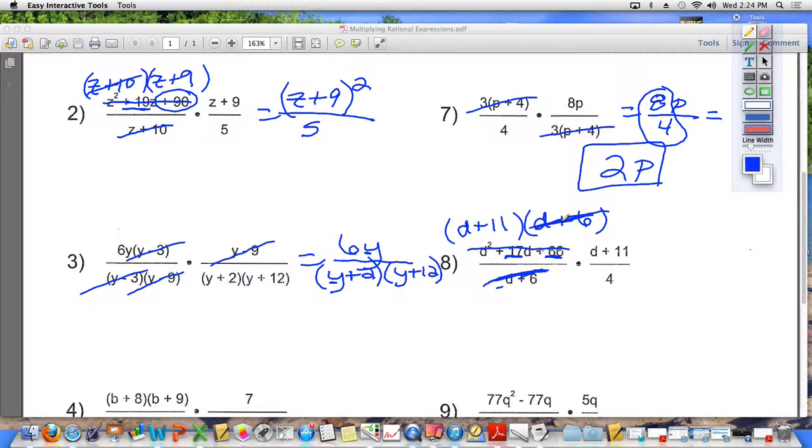Not all the time, but usually. What's left over? D plus 11 squared, because it's twice. We have 2 of them. So we have D plus 11 squared, all divided by 4. Wait, no, D plus 11. Oops, yeah, I took that out. You're done.